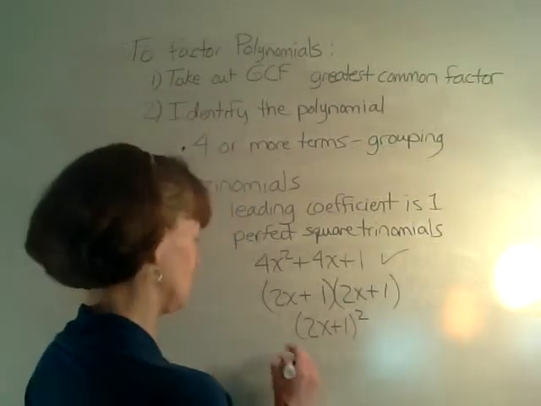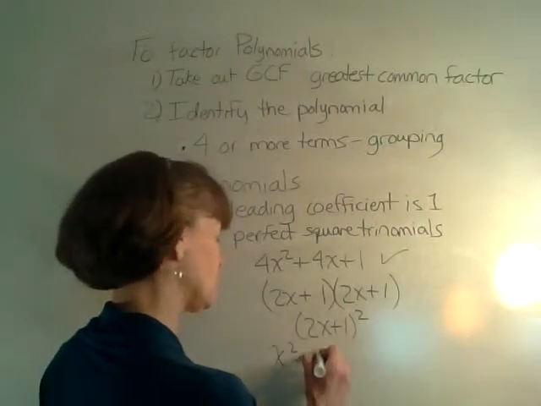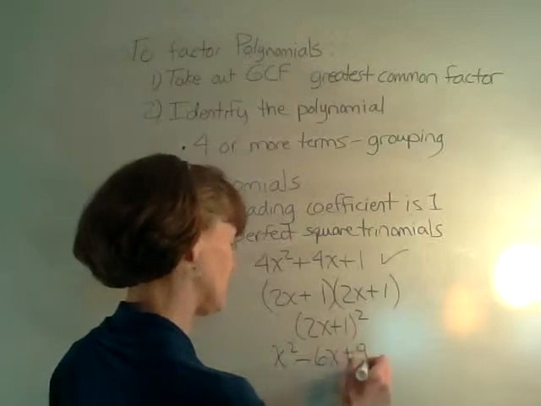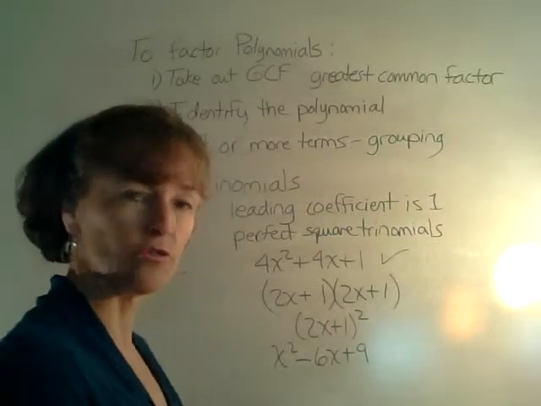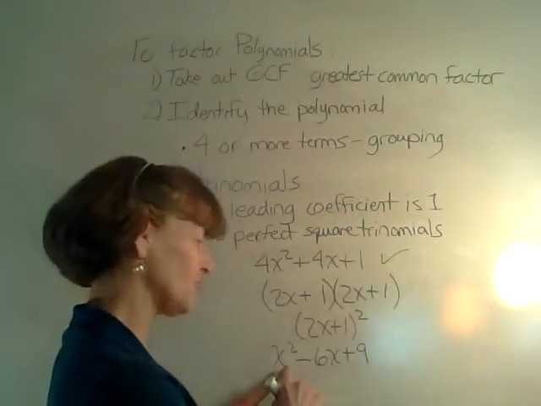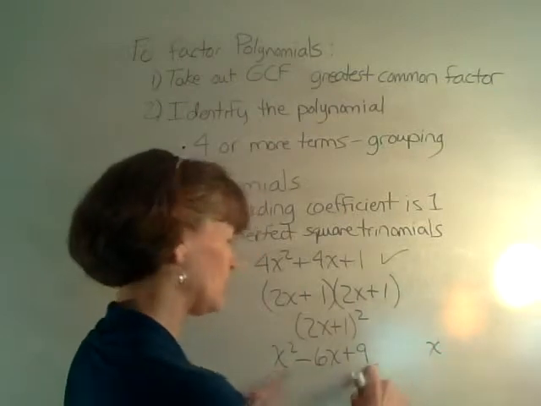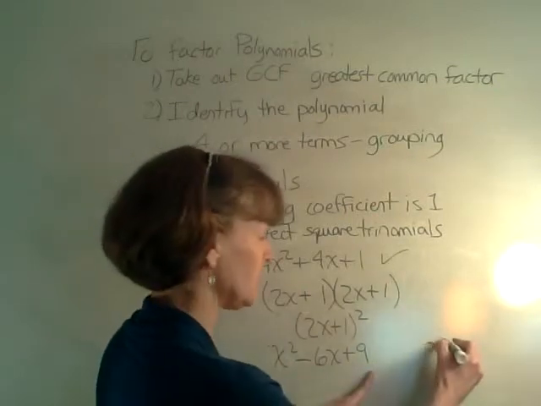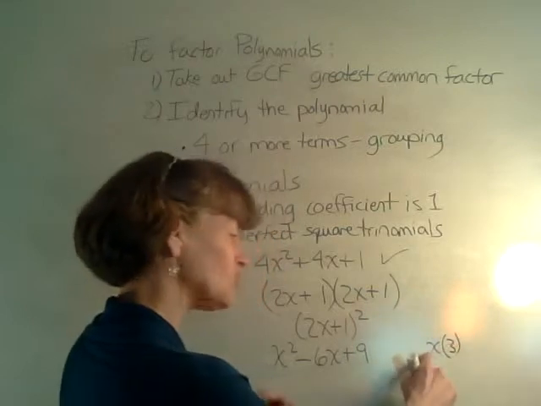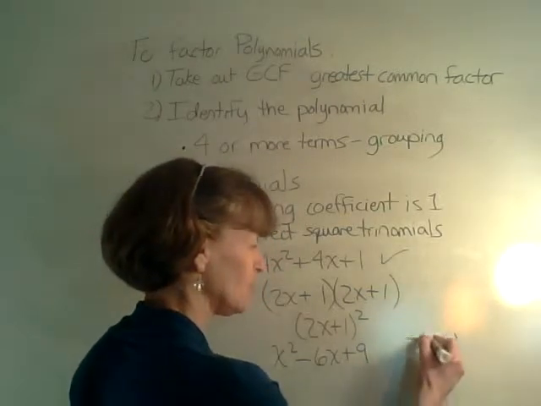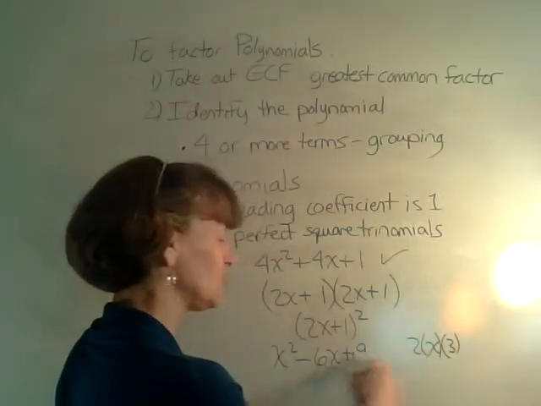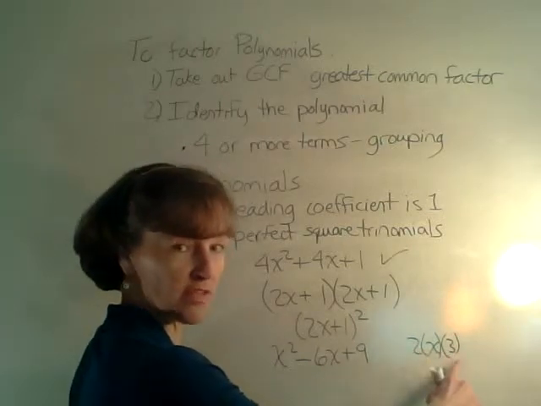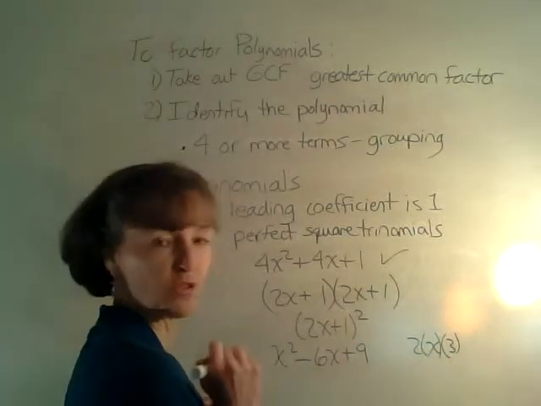Let's factor another one. Here's a real common one, x squared minus 6x plus 9. This is a perfect square trinomial. The square root of the first term is x. The square root of the last term is 3. And if I multiply x times 3 and multiply them times 2, then I should get the middle term. And sure enough, 2 times x times 3 is 6x. That's my middle term.